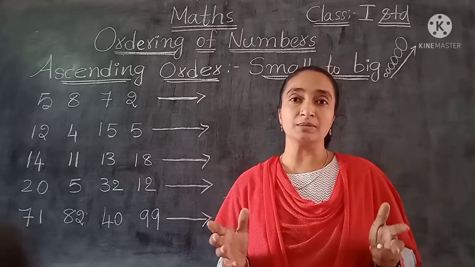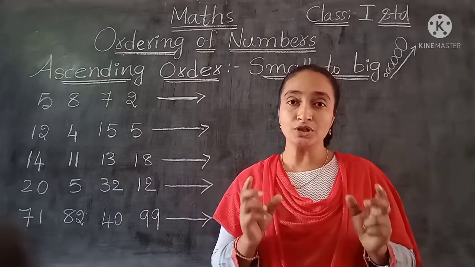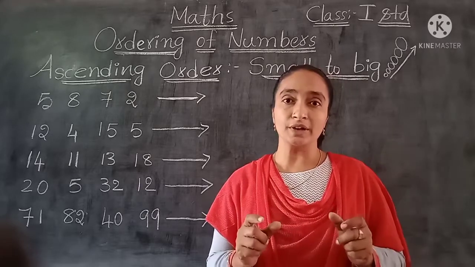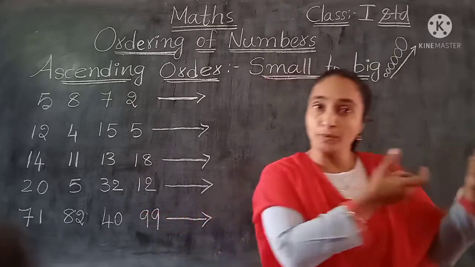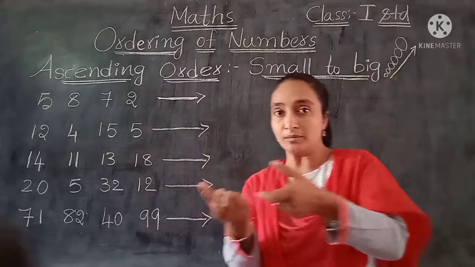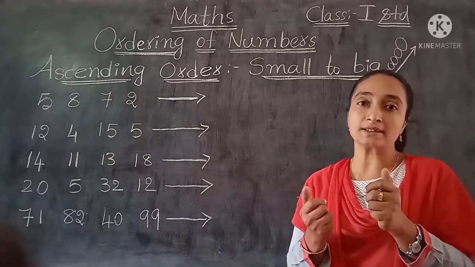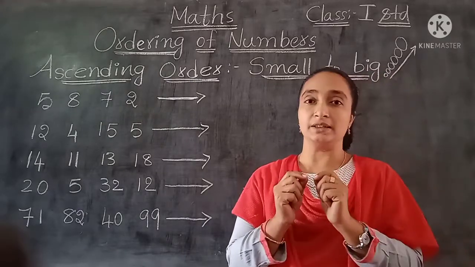Now these jumbled numbers we have to arrange in ascending order. That means from small to big you have to arrange. First from the smaller number to the bigger number. How could we arrange these numbers? Very easily.